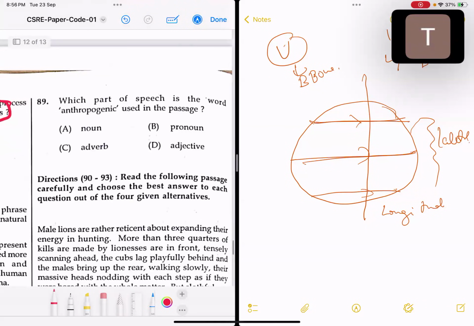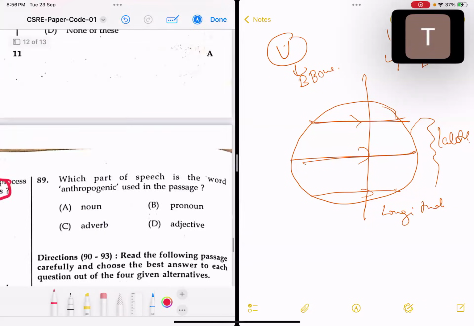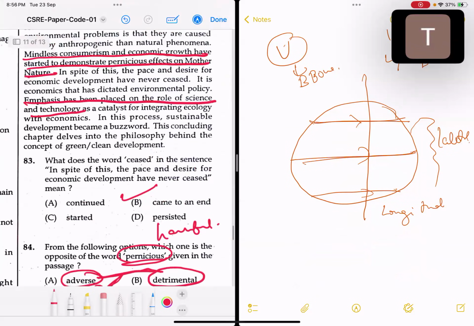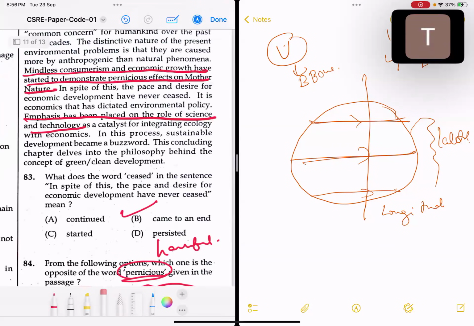Which part of speech is the word anthropogenic used as in the passage? Now, let's look at the sentence, okay? We have to see in which part of speech the word anthropogenic is used.